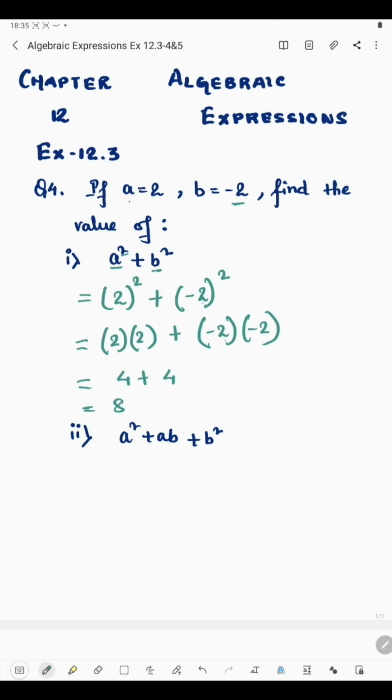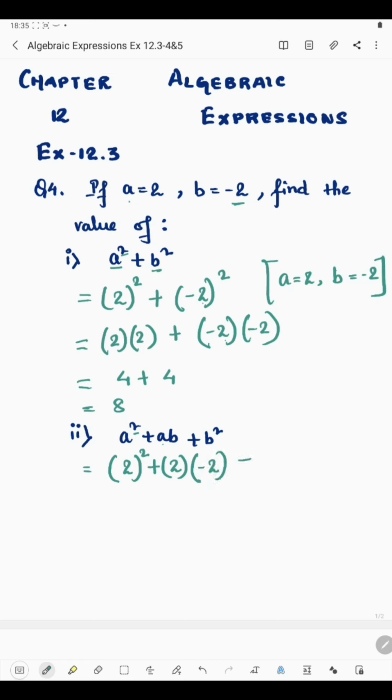Now in the second part we have a square plus ab plus b square. So in place of a we'll put 2 and the power is 2, as the degree is 2 here, plus a into b. A is 2 and b is minus 2.